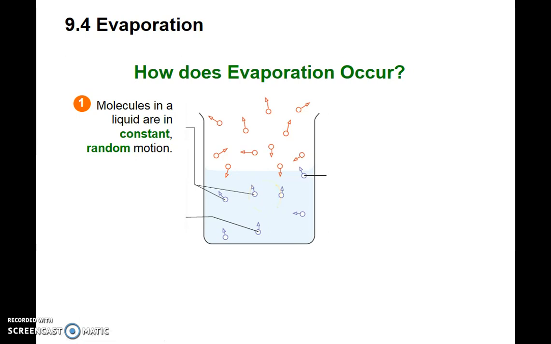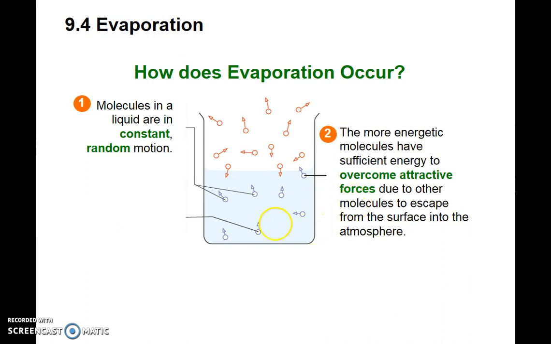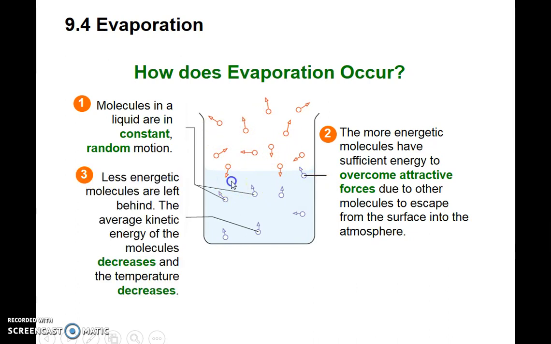But there will be some molecules which are moving a little faster. These are the more energetic ones. What will happen? They will be able to overcome the attractive forces and escape into the air above it, right? So what does that leave behind?